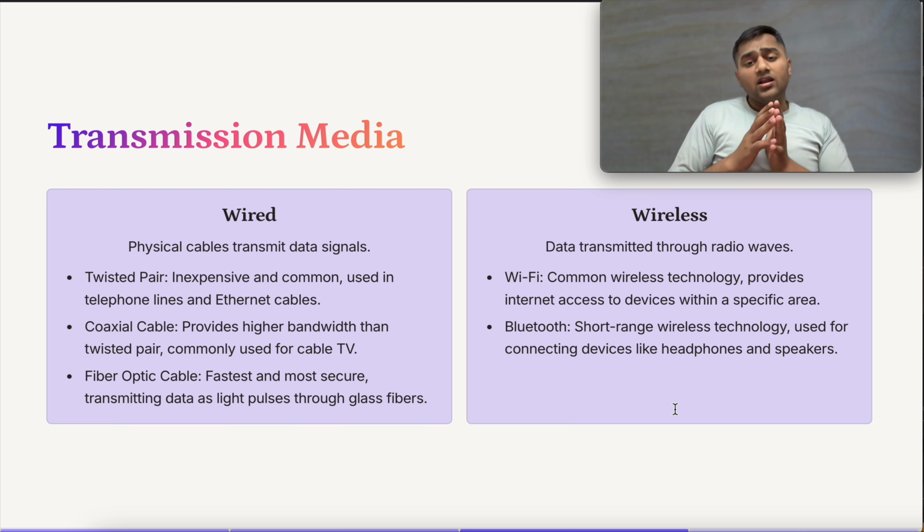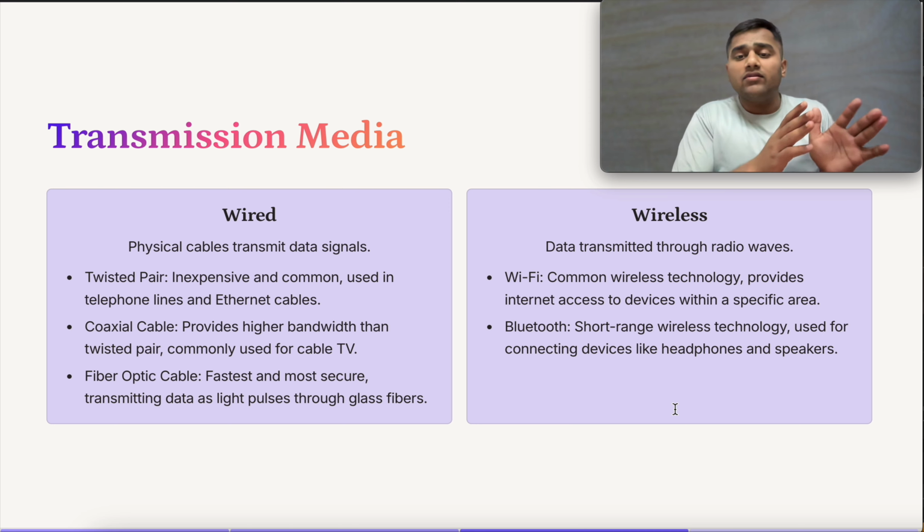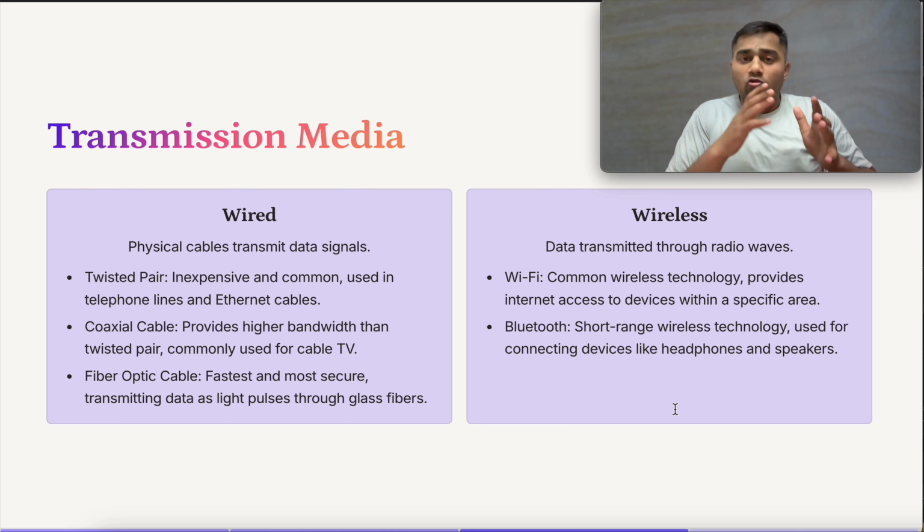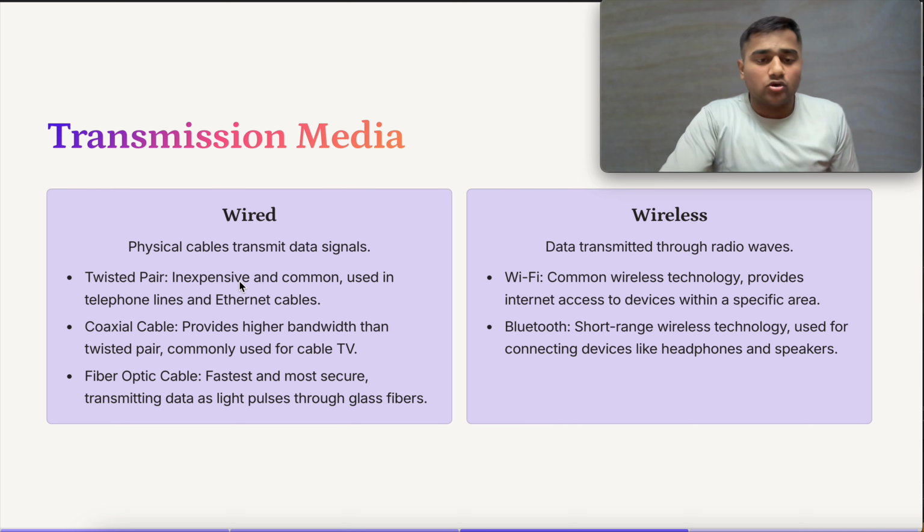The work of media is just to carry data from one node to another node. Media does not create data or deal with data. Media is of two types, as shown here.